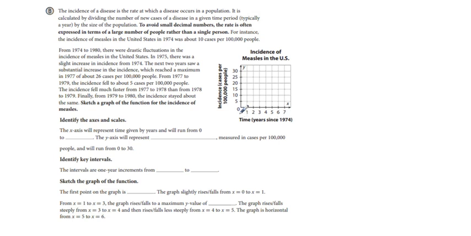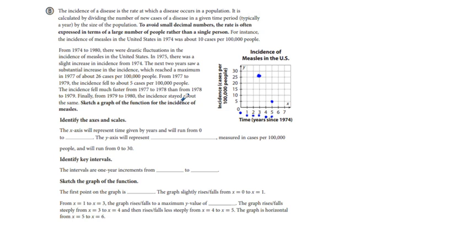So here we have 1974, 75, 76, 77, 78. So at 77, we're up to about 26 cases per 100,000 people. So there we have it. That's 1977. From 1977 to 79, the incidence fell to about 5 cases per 100,000 people. So 79 is 2 years later. So we had a drastic decrease.